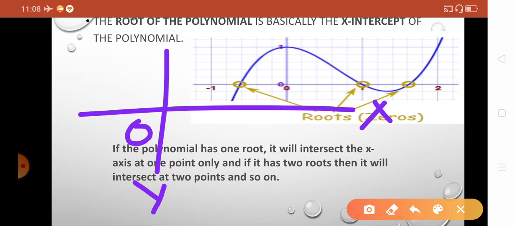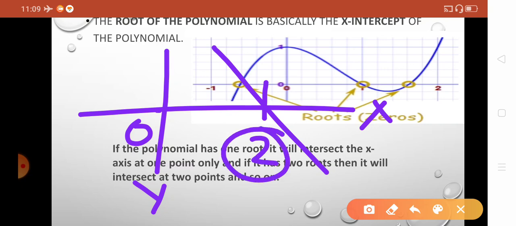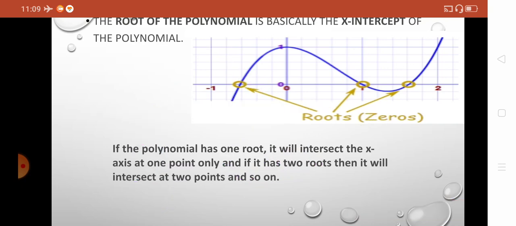This is your 0. One line is going from here and it cuts the x-axis at 2. So its x-intercept is 2, because it cuts 2 units of the x-axis. So the root of the polynomial is basically the value of x at the x-intercept of the polynomial.